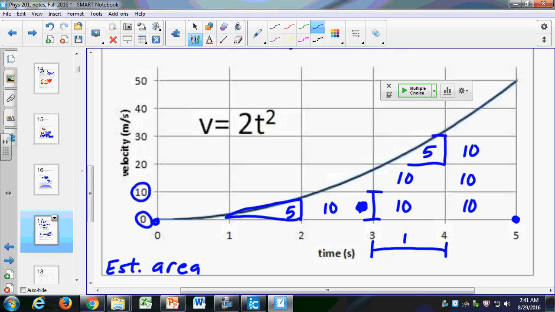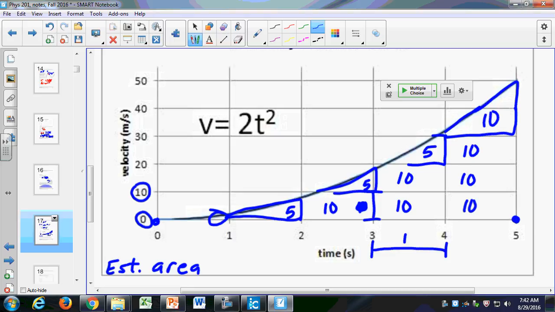We're just sort of estimating. This one might be a little more than 5 here. But look, I can combine both of these, and it looks like I get a full block. So I'm just going to combine both of these and say that that's 10. And I'll take this little sliver and add it up to this little piece right here. And just as an estimate, I'll call that 10.